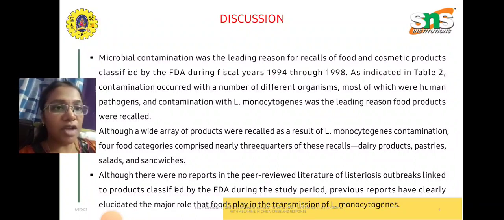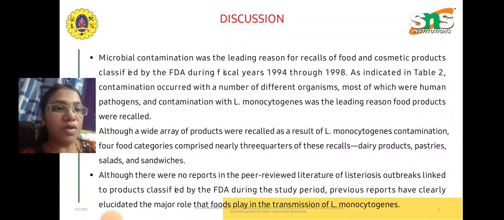Although a wide array of products were recalled as a result of Listeria contamination, four food categories comprised nearly three quarters of these recalls: dairy products, pastries, salads, and sandwiches. So it indicates that most of these Listeria organisms were present in these types of products.